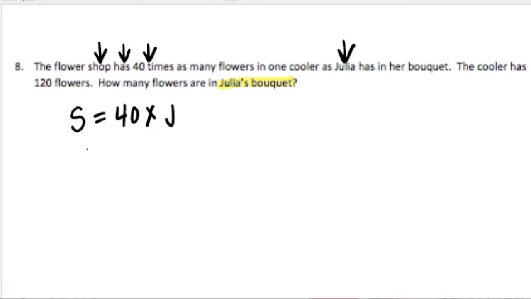The cooler has 120. Now the cooler is the shop, right? Because these flowers are in a cooler at the shop, right? It says the flower shop has 40 times as many flowers in one cooler. So the cooler, the shop, same thing. The cooler has 120. So we can say that S equals 120.